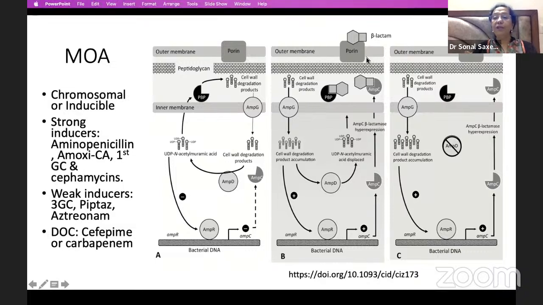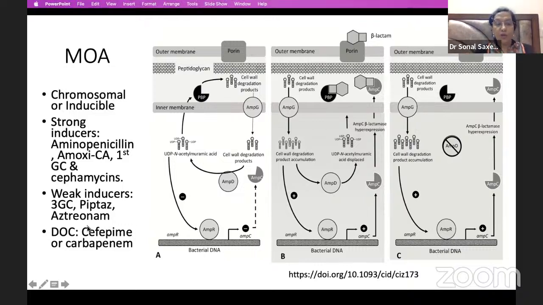So if there is a beta lactam in the system, it will get expressed. This is an inducible resistance. Now, in a normal situation, if there is a mutation in such a manner that it is producing this, there will be a hyperexpression, irrespective of the fact that there is a beta lactam in the system.